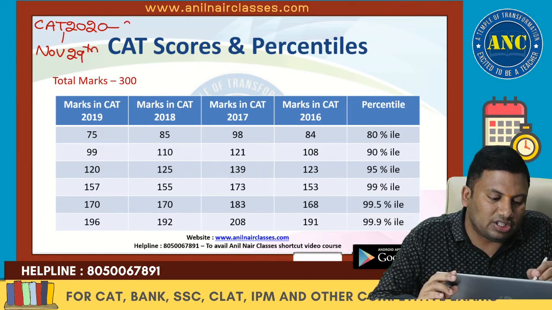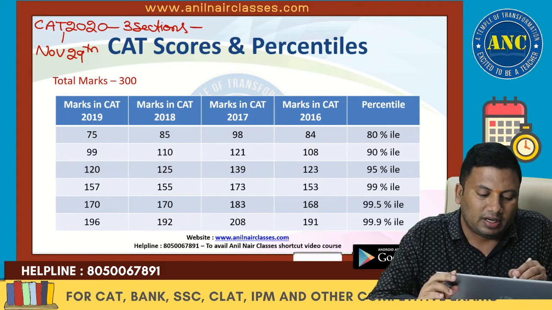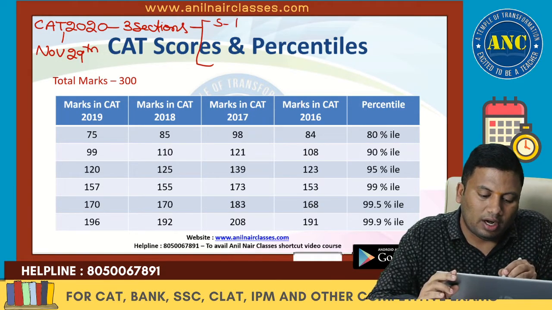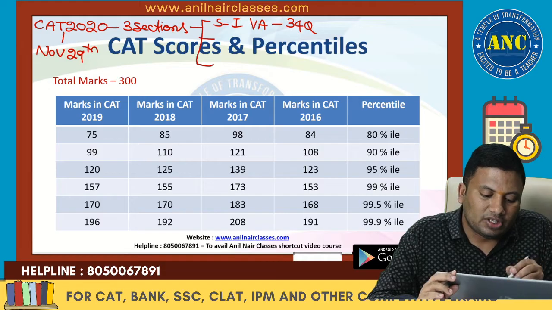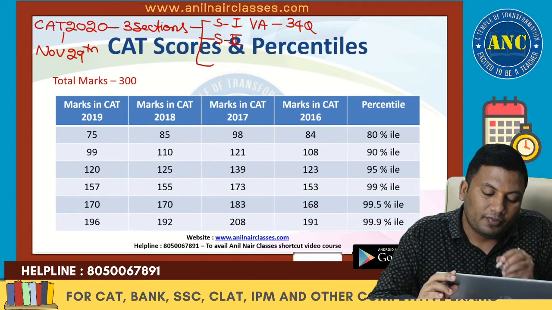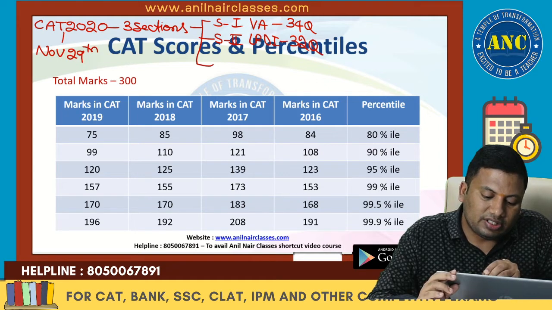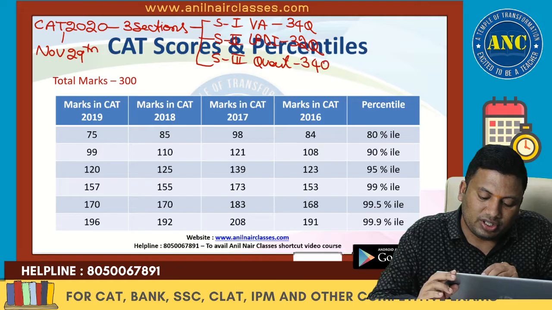It is a 3-section paper. Section 1: first, verbal ability will appear, with a total of 34 questions. Then section 2: LRDI will appear, with 32 questions. Section 3: Quant, with 34 questions.